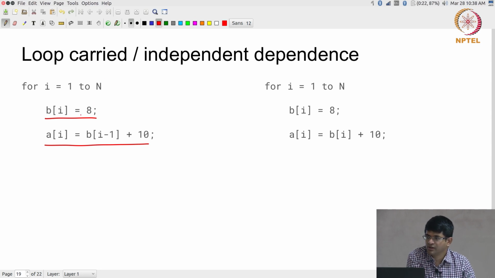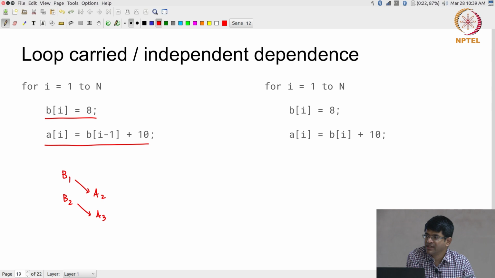The way that I have written the loop, there is a proper dependency that is there from b1 to a2, b2 to a3, and so on. Okay. And I am updating the value of b of I, right, inside the loop over here.